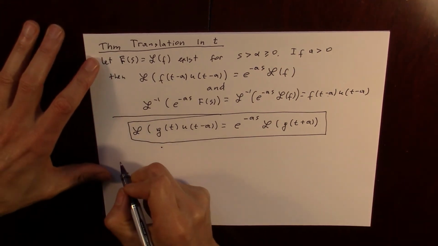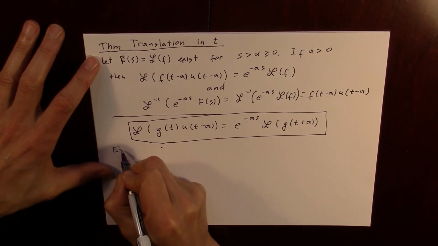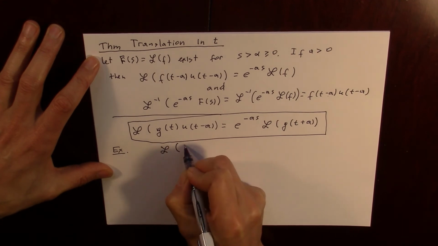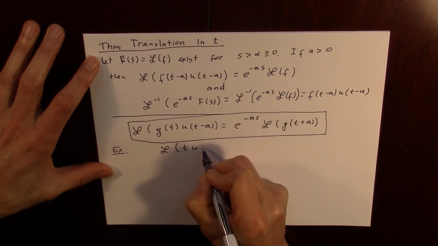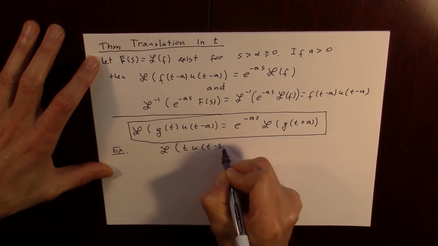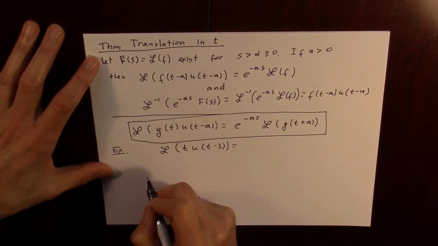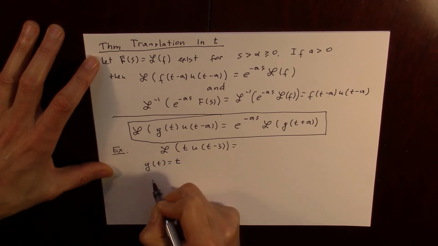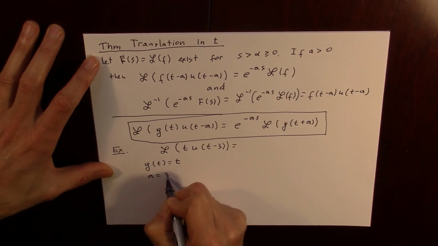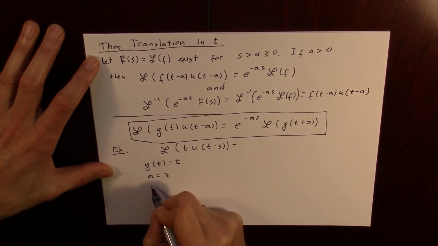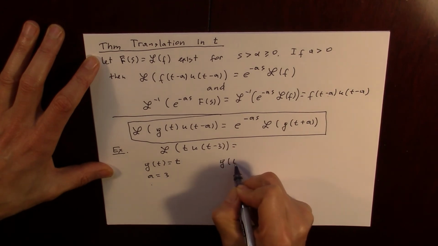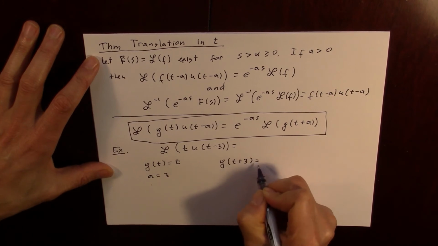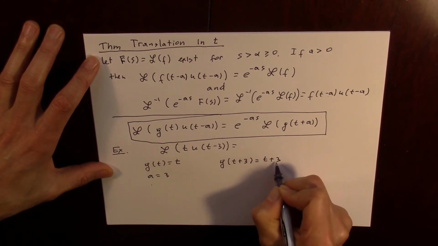Let's run an example or two to see how we're going to be using it. So if I take the Laplace of t times u of t minus 3, what you notice in our case is that g of t equals t, a equals 3, and g of t plus 3 equals t plus 3.